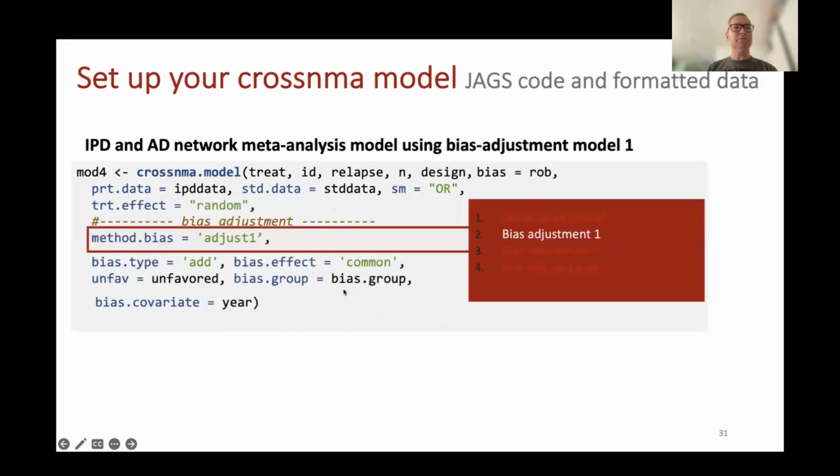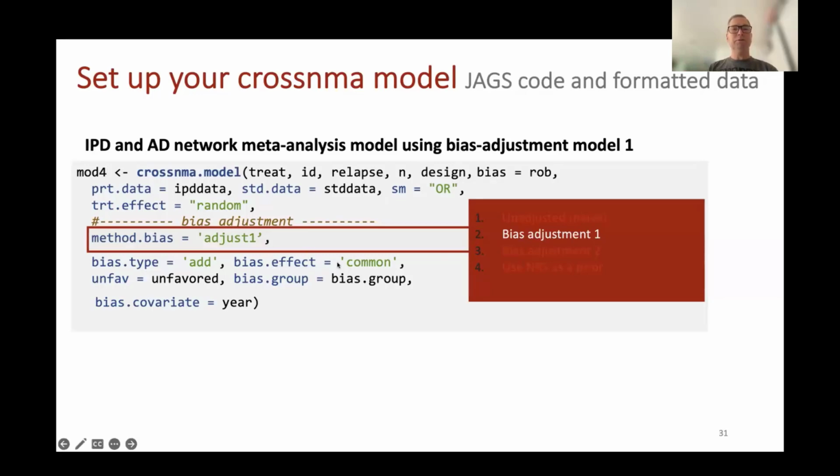Okay, and then the fourth model is the bias adjusted model number 1. Here we have to provide some information, for example, whether we assume that the bias is additive or multiplicative or both. That can be mentioned here.